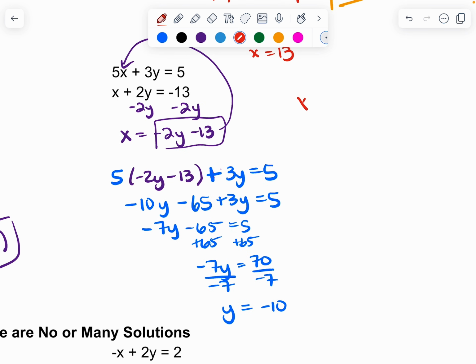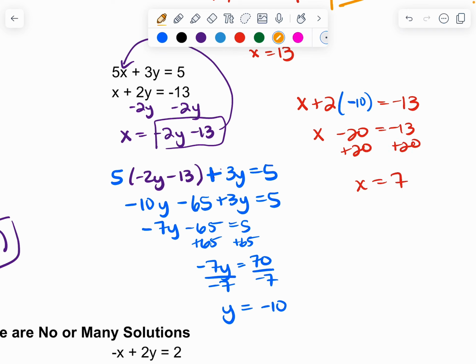So x plus 2, replace the y with negative 10, equals negative 13. x minus 20 equals negative 13. Add 20, and get x equals 7. So the point is 7, negative 10. And that is my answer.